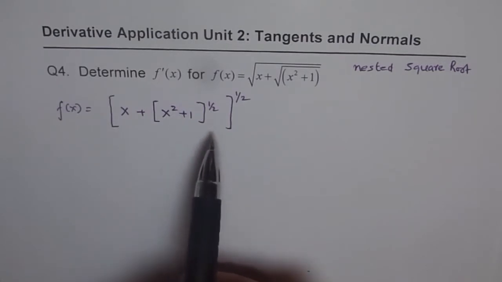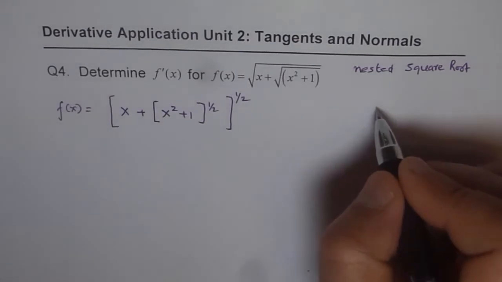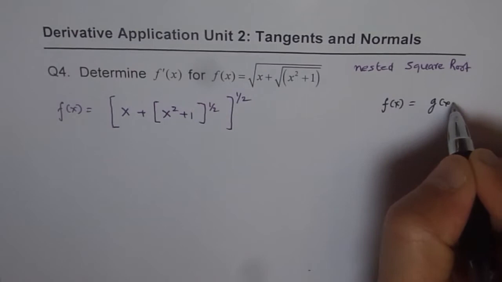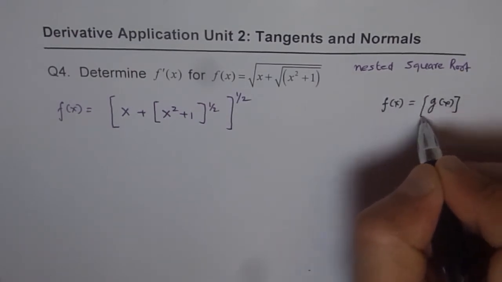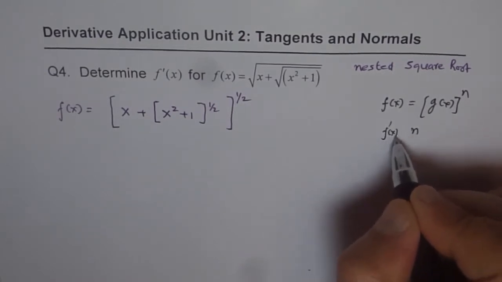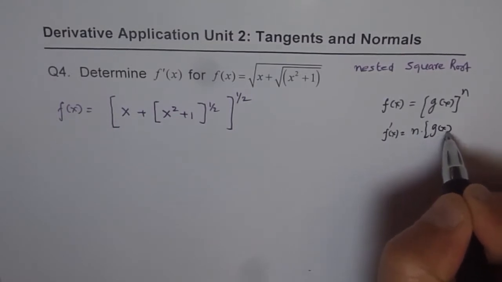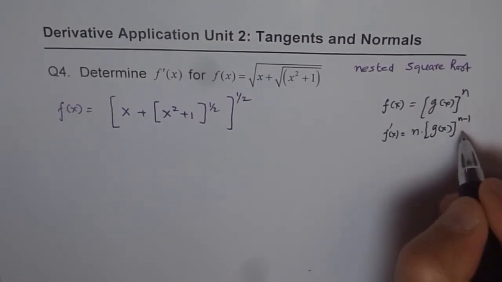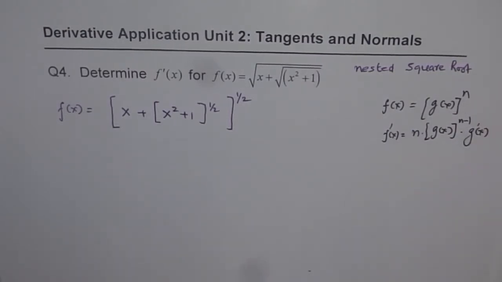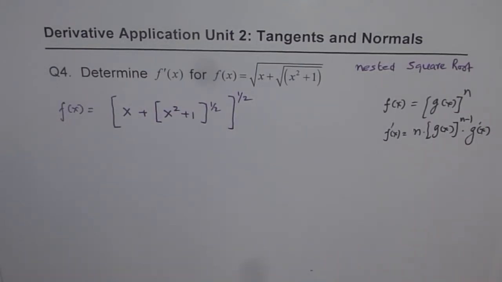If you remember the power function rule, f of x equals g of x to the power of n, so the derivative f dash x equals n times the inside function g of x to the power of n minus 1, times the derivative of the inside function. So that is the rule which we are going to apply here.